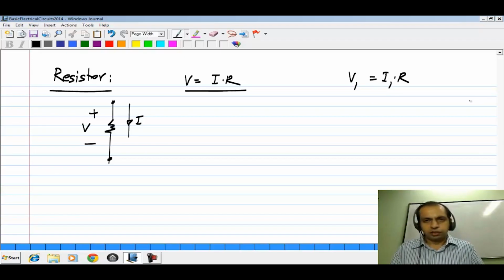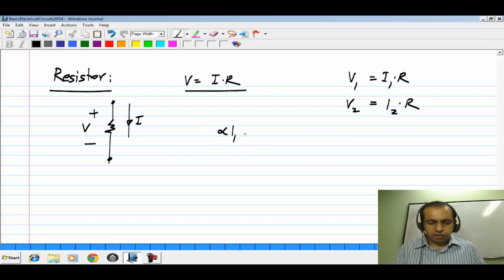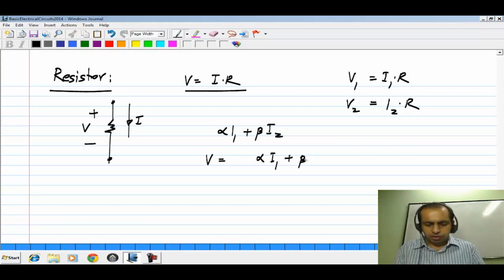Obviously the resistor obeys Ohm's law and V1 equals I1 times R, and the current is I2, the voltage is V2 and V2 equals I2 times R. Now what happens if the current is alpha I1 plus beta I2? The voltage will be alpha I1 plus beta I2 times R.